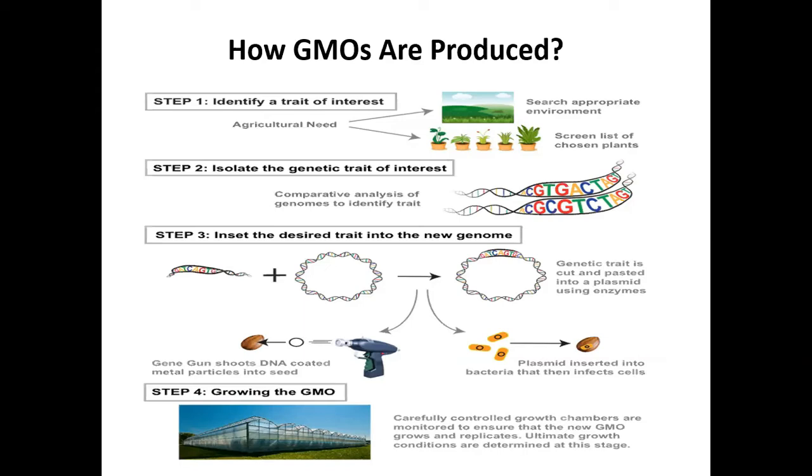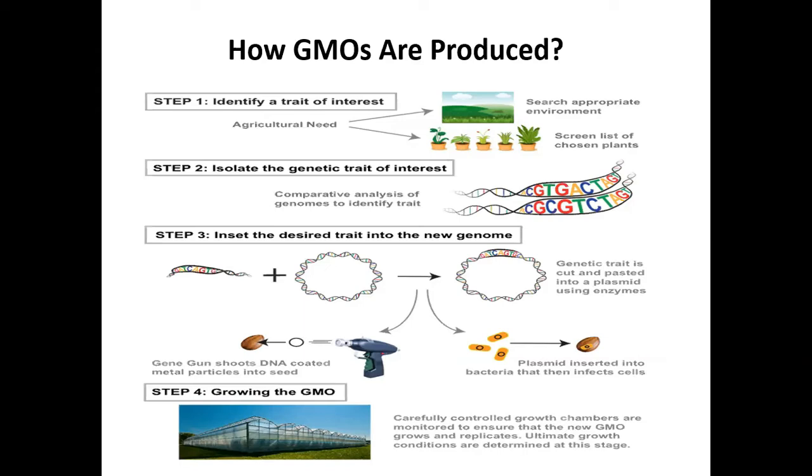Then the next step is to isolate the genetic trait of interest. This can be done by different molecular techniques such as sequencing, automatic and manual nucleic acid extractions, and then you have to compare it with a similar genome having that particular gene expressed or unexpressed.